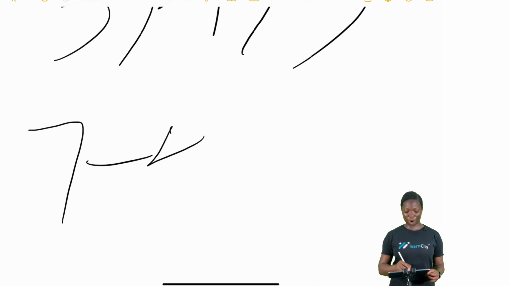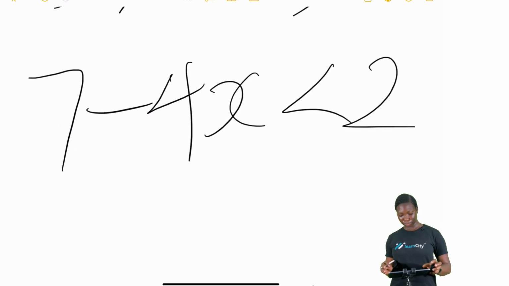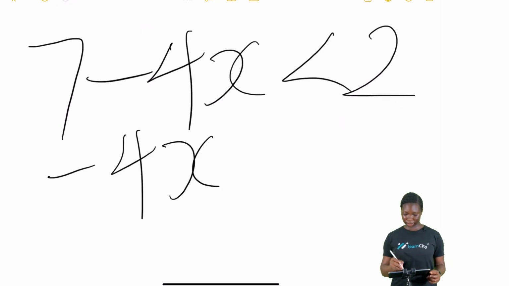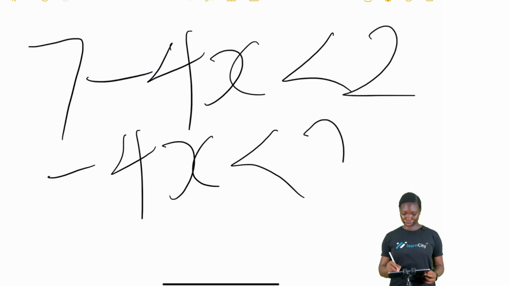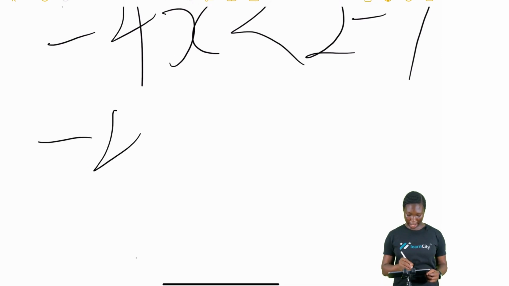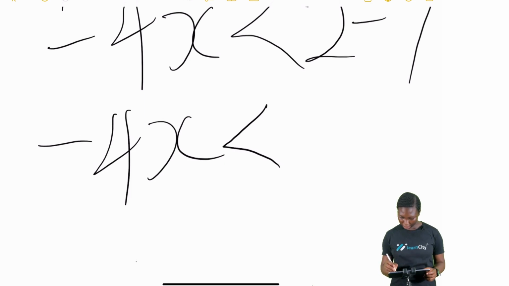In cases where we have 7 minus 4x less than 2, so we have minus 4x less than 2 minus 7. So we have minus 4x less than minus 5.